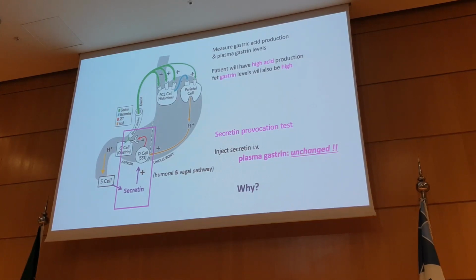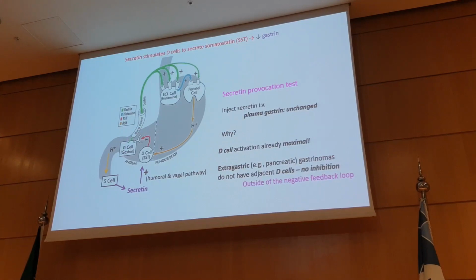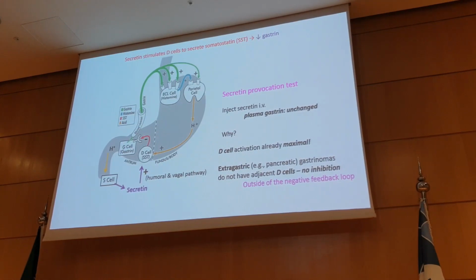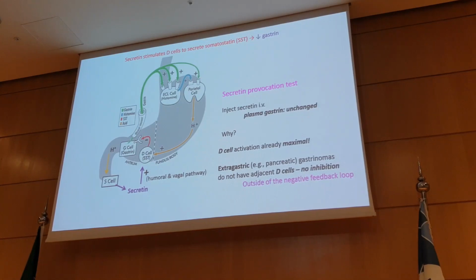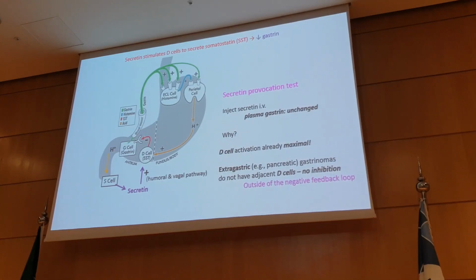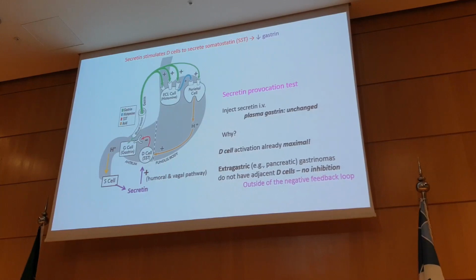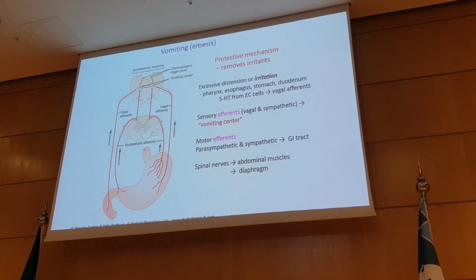It should be maximum. So it's got to be coming from somewhere else, and they found the tumor. Some of the tumors will be found in the upper small intestine, but most will be in the pancreas. Okay, outside the negative feedback loop. And of course, the tumor doesn't have a handy somatostatin producing cell next to it, so nothing happens.